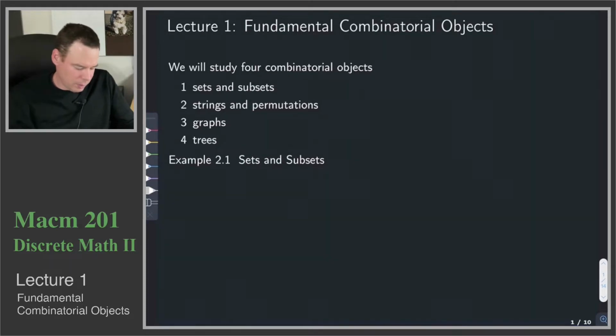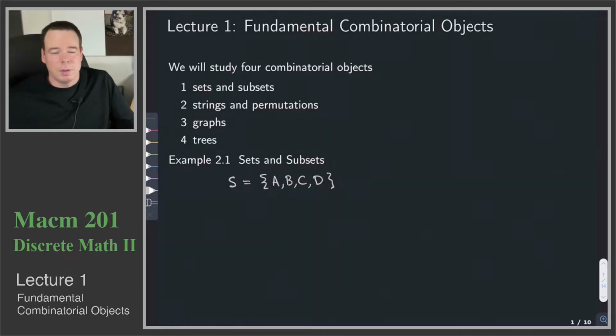So sets and subsets. Let's just suppose we've got a set S and it consists of 4 elements, A, B, C, and D. We could ask, for example, how many ways could we choose 3 of the 4 elements from this set?